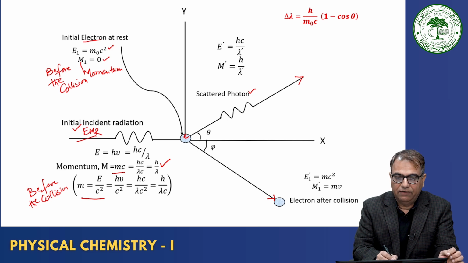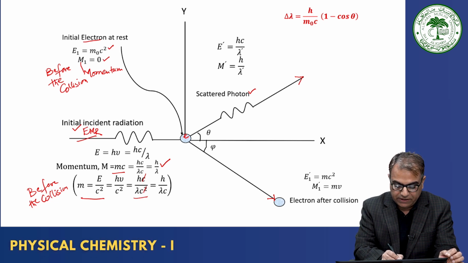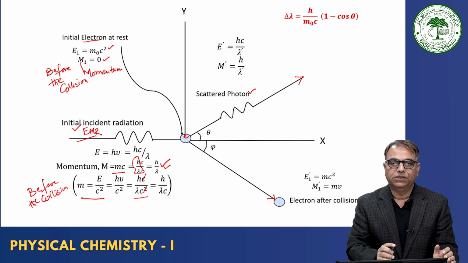Writing nu as c divided by lambda, it is hc divided by lambda c square, then c and c cancel, and you have h divided by lambda c. Using this in momentum, you get h divided by lambda. So this is before the collision.